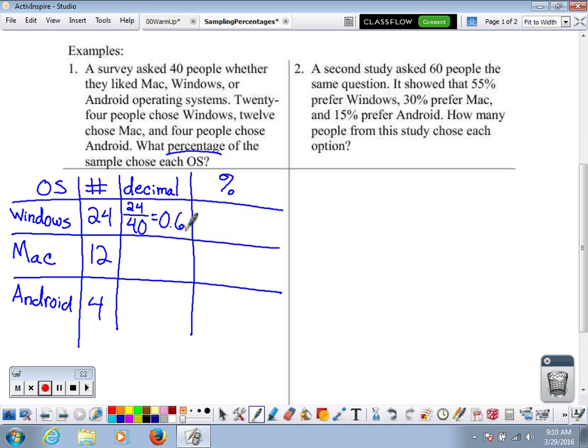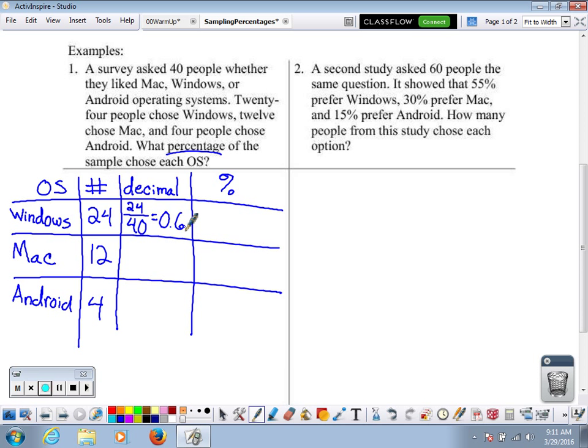Now, I want to know what percent that is. There are two ways to do it. Option number one, we can slide that decimal point 2 spots to the right. That's one way to do it. That can be confusing for some students. So what's the other option? What did we say above that we could do here? What did we say, Kira?